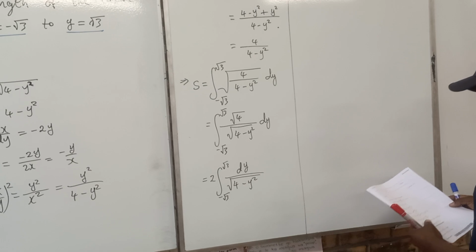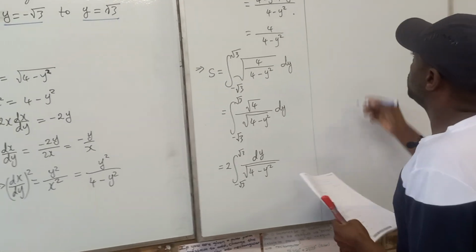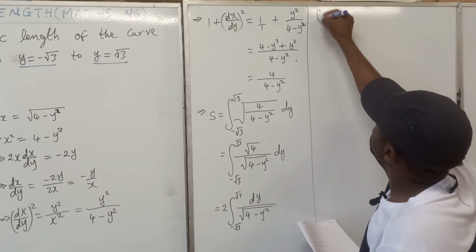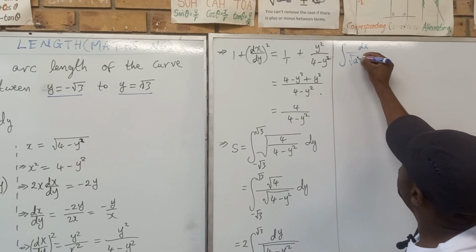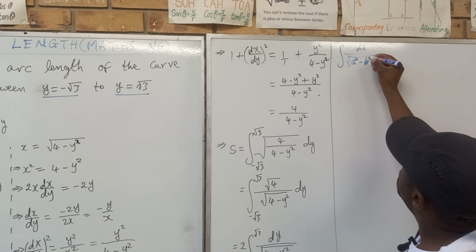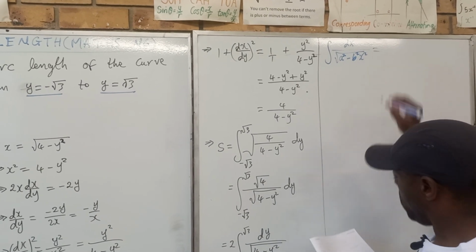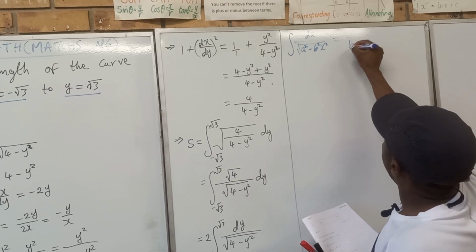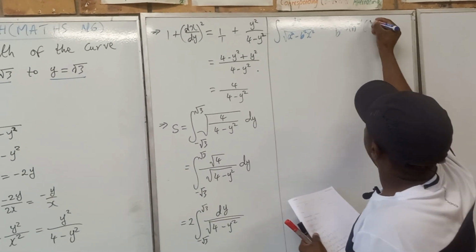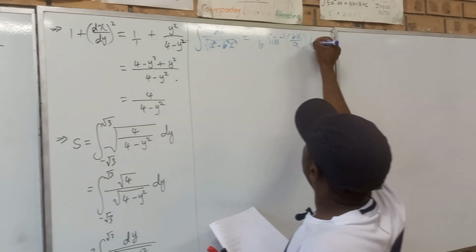So going through my formula sheet, I've seen a formula that looks like this: the integral of dx on the square root of a squared minus b squared x squared being equal to 1 over b, the arc sine of bx over a plus c.